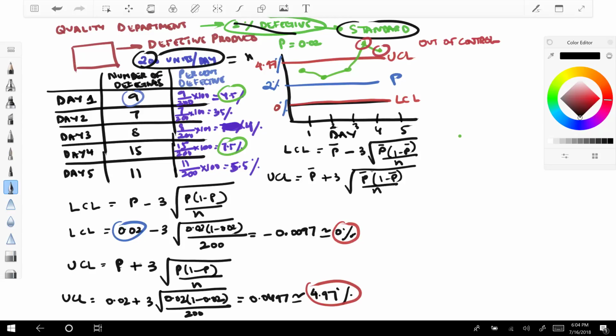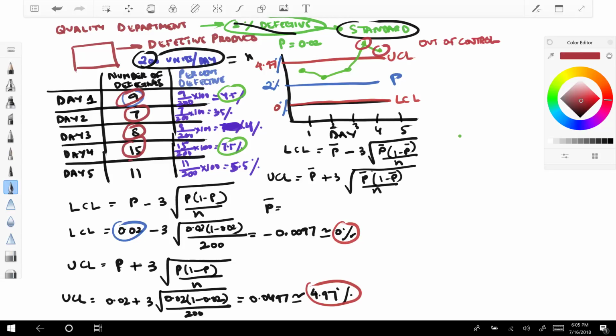So we need P bar here in both the cases, so P bar is mostly defined as total number of defects found in all samples. So that means we have to add all of these. So 9 plus 7 plus 8 plus 15 and plus 11.